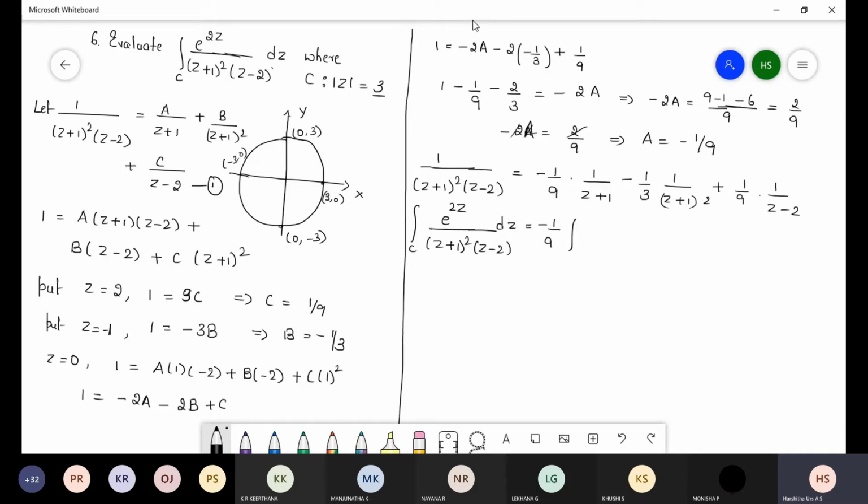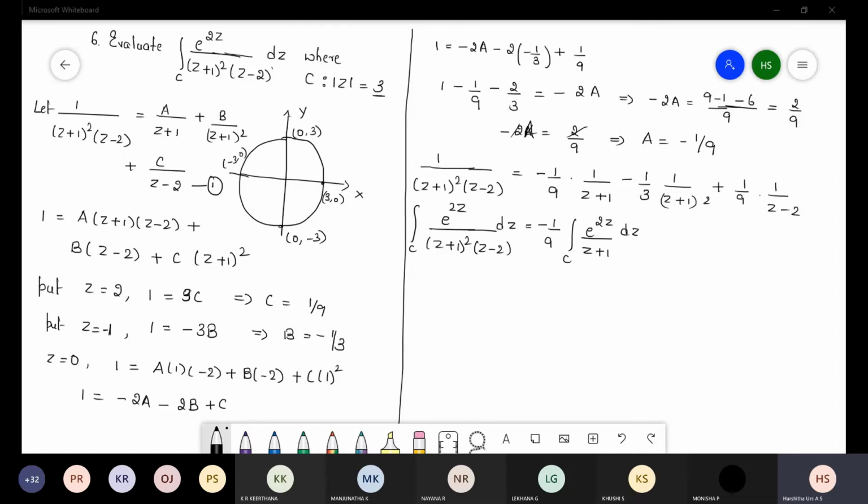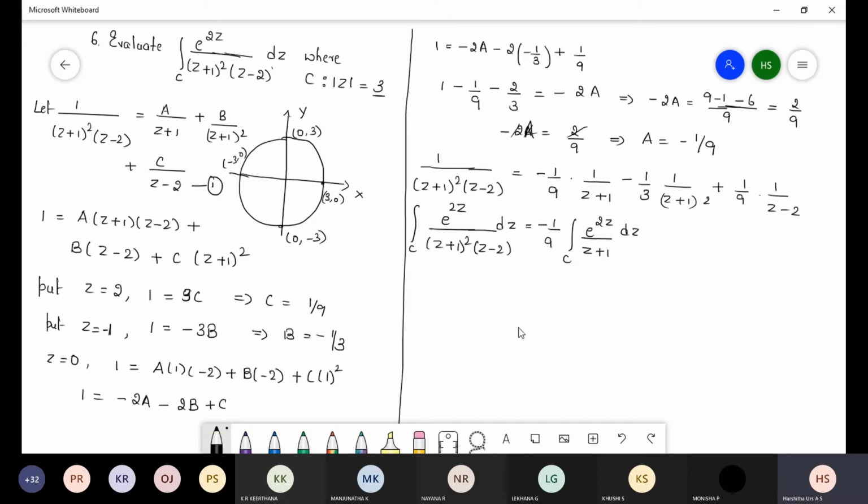So minus 1 by 9 integral over the curve C of e power 2z divided by (z plus 1) dz, same thing for the second term, minus 1 by 3 integral over the curve C of e power 2z divided by (z plus 1) whole square, plus 1 by 9 integral over the curve C of e power 2z divided by (z minus 2) dz. This I call equation 2.